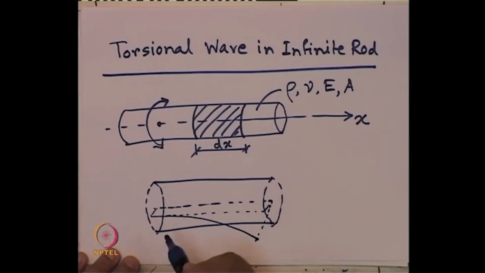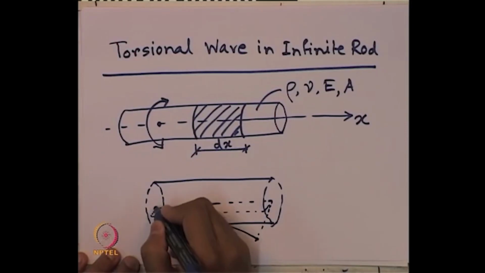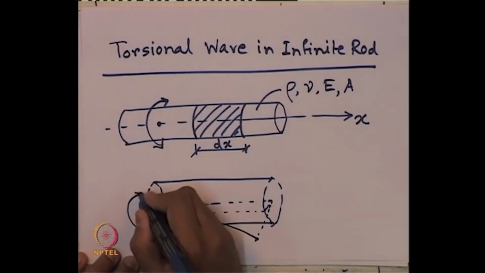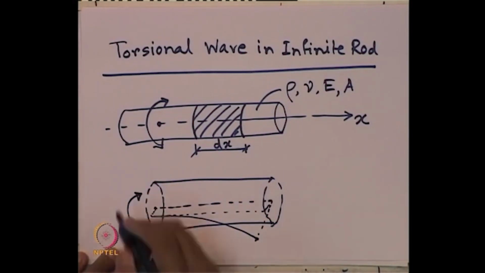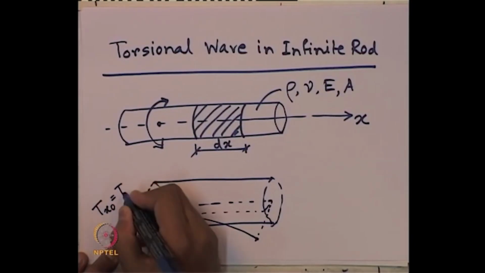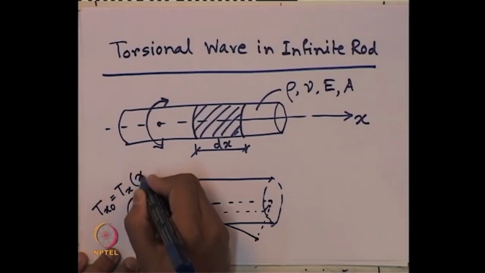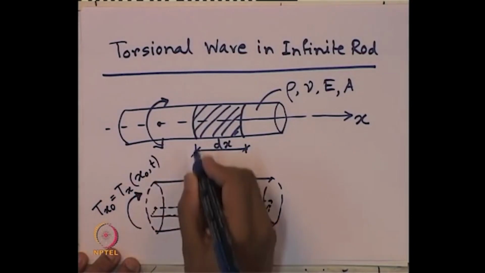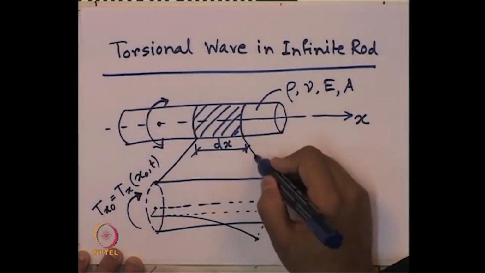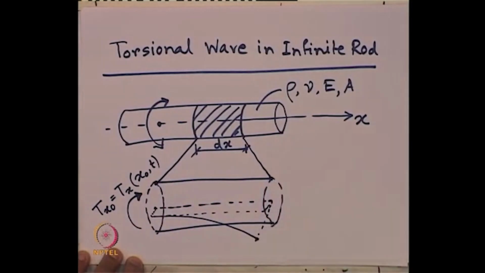We will explain that. So, this end we are talking about, say the torsion is T x naught, which is nothing but T x, a function of x naught and t. So, this point reflects this, and this point is getting reflected at this end.